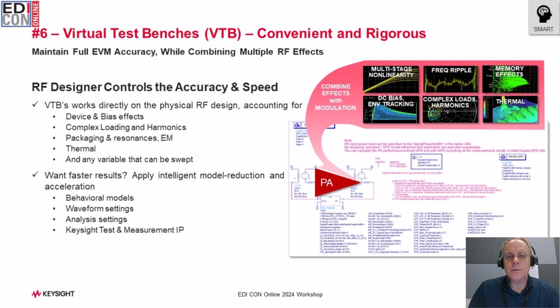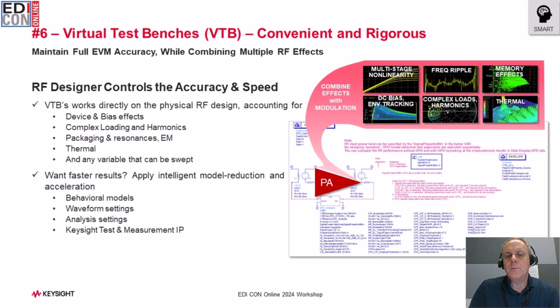And in fact, since you can close the loop on this, you can actually do digital pre-distortion. And what's interesting is that you can look at bias and load pull, package resonances and EM effects, even a little bit of thermal.